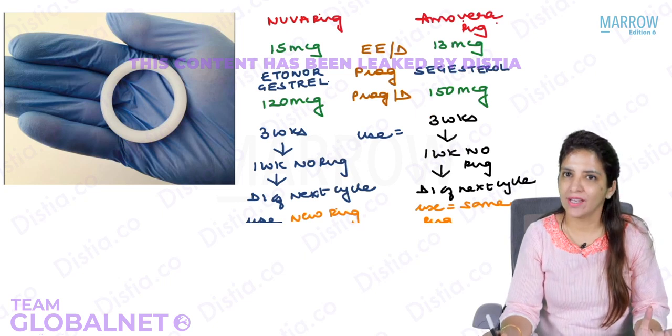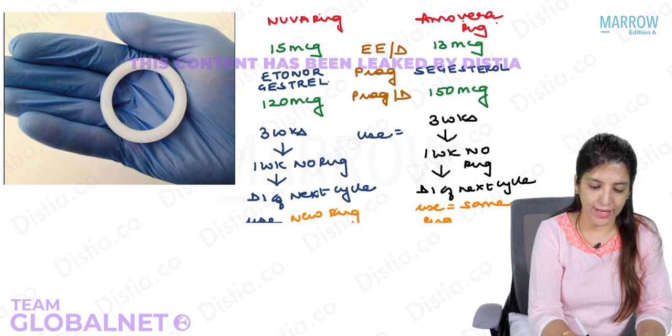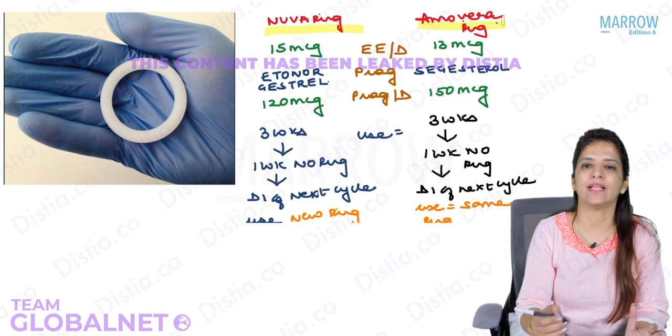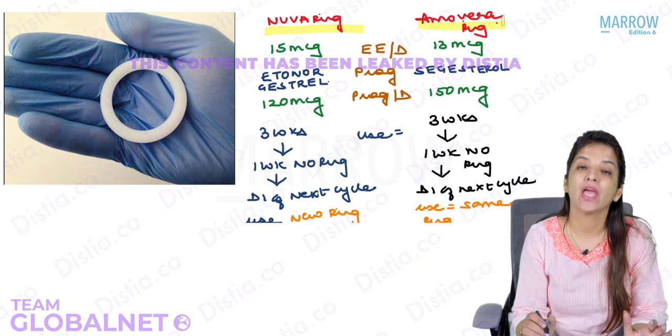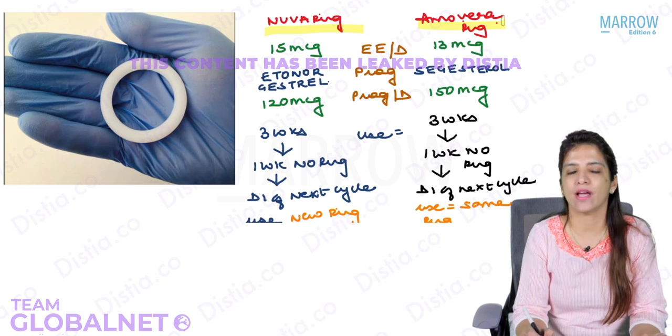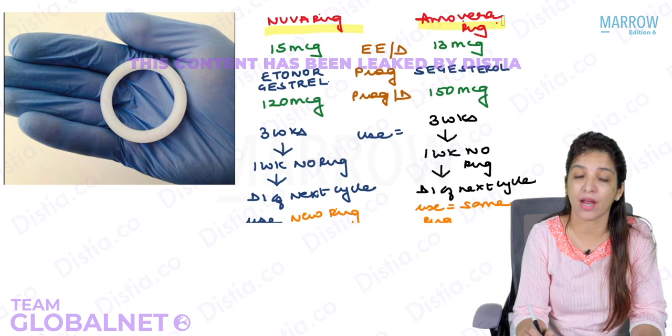This is a vaginal ring and it has got estrogen and progesterone. Now there are 2 kinds of vaginal rings which are available in market. One is the Nuva ring and the other is Anovera ring. Nuva ring releases 15 micrograms of ethinyl estradiol per day, whereas Anovera ring releases 13 micrograms of ethinyl estradiol per day, number 1.